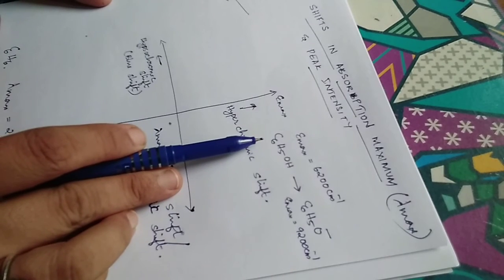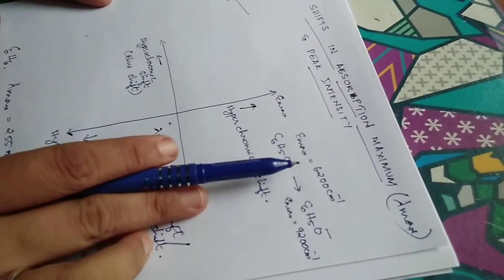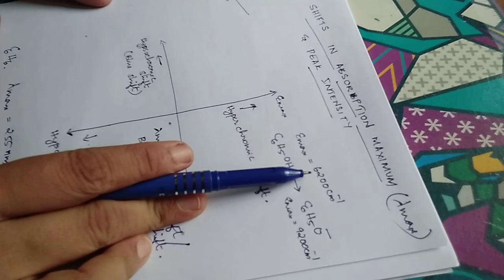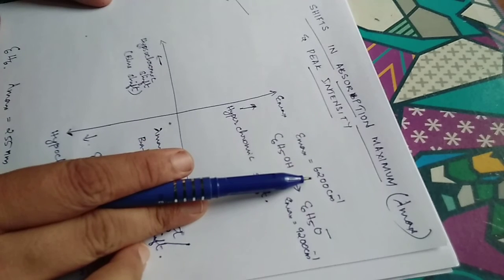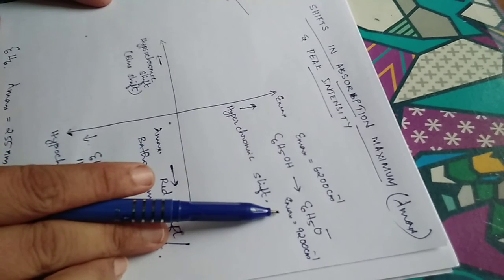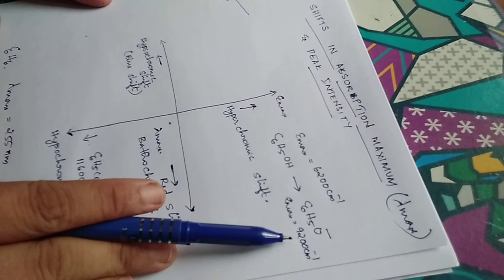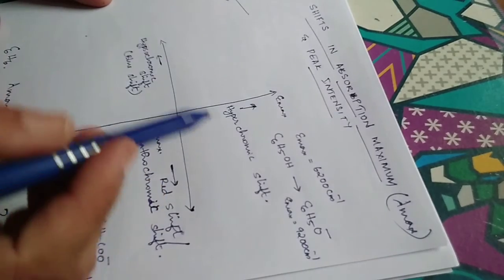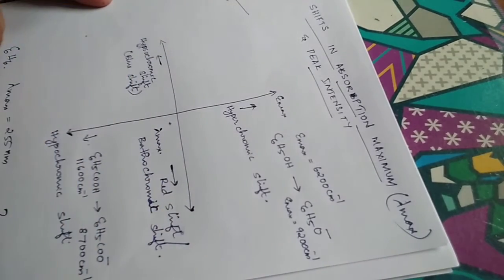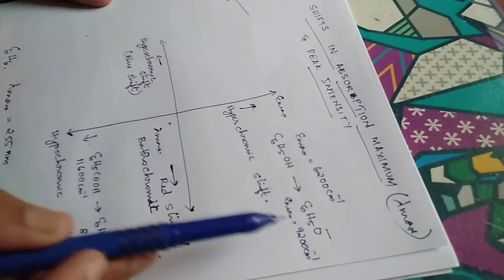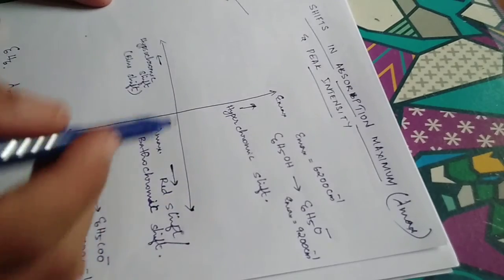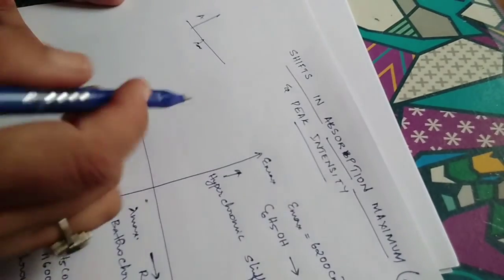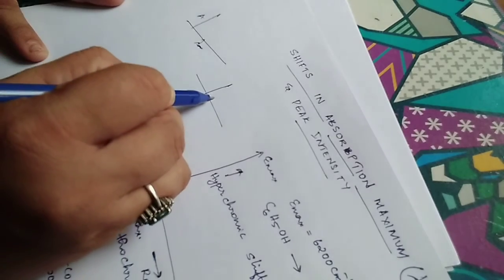C6H5OH has an epsilon max of 6200 per centimeter, and for the phenoxide the epsilon max is found to be 9200 per centimeter. So this particular shift is known as the hyperchromic shift.